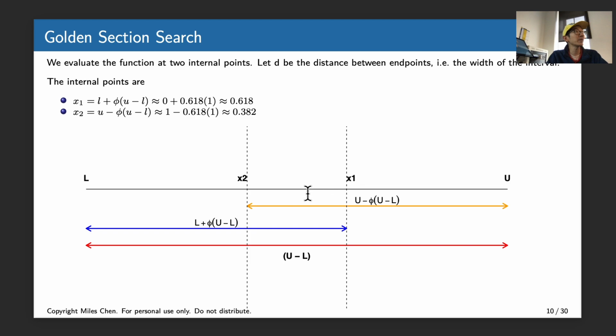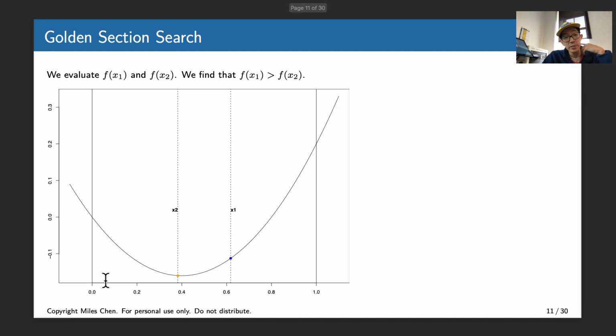Is that okay as far as where my interior points are going to be? Those are my two interior locations, and I evaluate the function at them. x1 is right here at 0.618, x2 is over here at 0.382, and I evaluate the function at x1 and at x2.